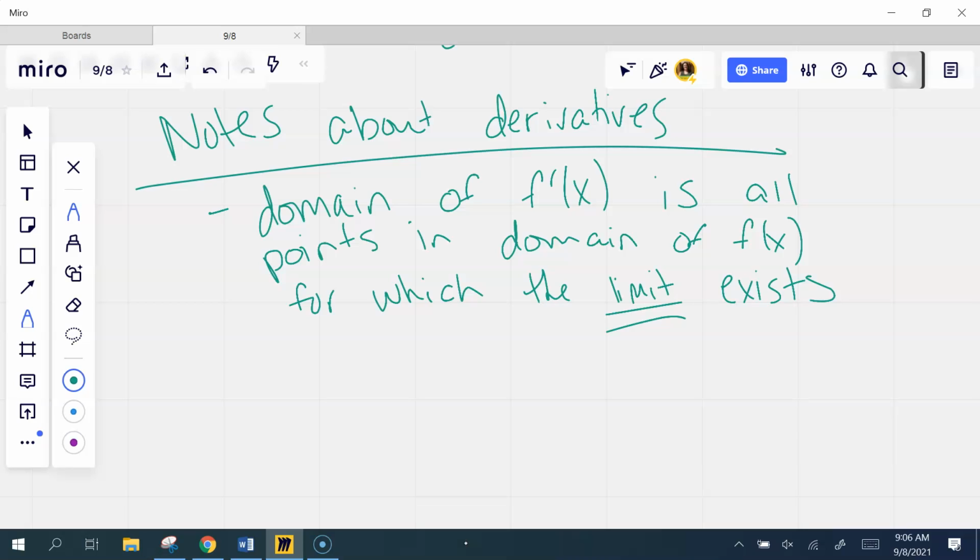The point I'm getting at here is that the domain of the derivative could be smaller than the domain of the function itself, or it might equal it. It's never going to be more, but it could be smaller. So there might be some points left out where I can't take the derivative at a certain spot, if that makes sense.